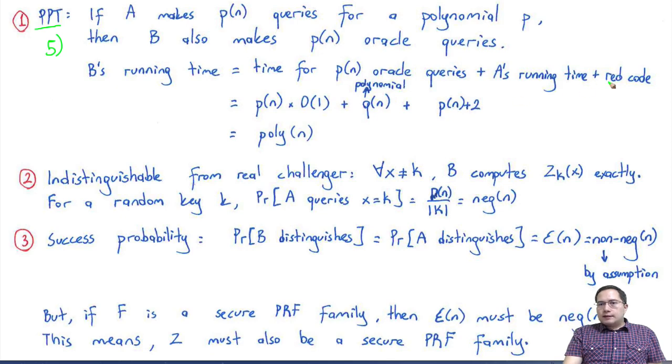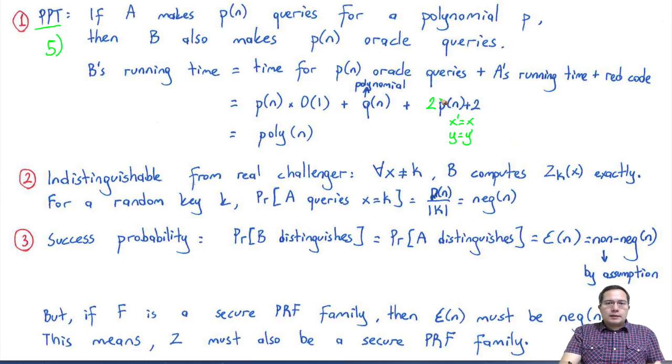And the red code here is just some equalities. So for every query that A makes, we do X prime is equal to X and Y is equal to Y prime. So actually 2 times P(n), let's say, plus 2, one for passing the security parameter, the other for passing the output.